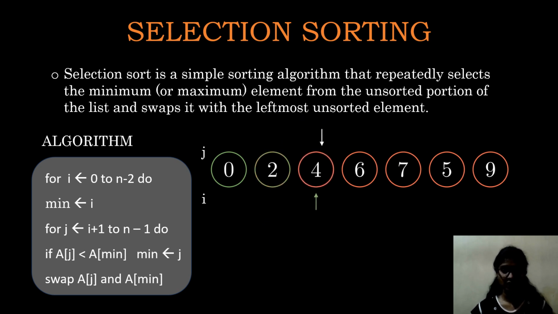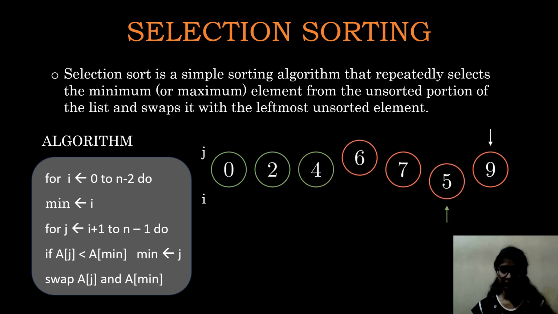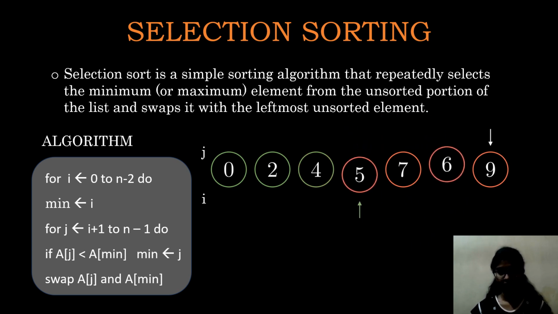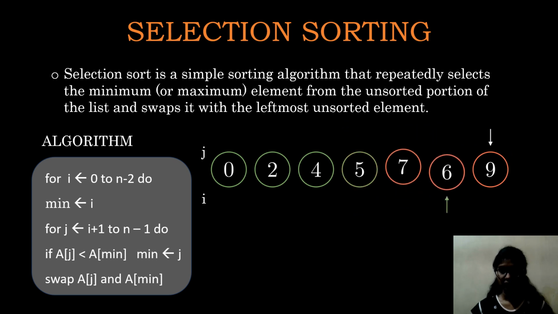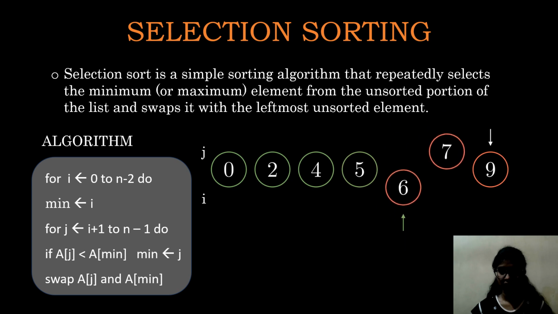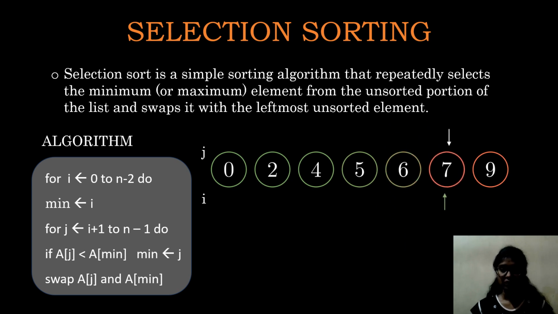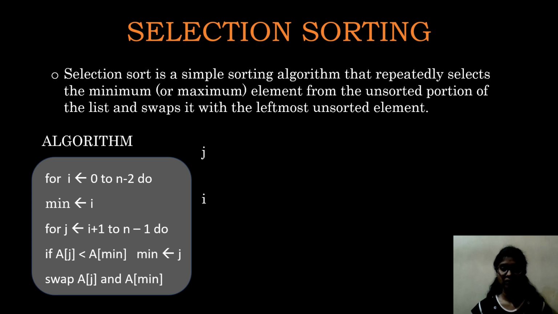This procedure continues until we get the correct ascending order. So now we got the ascending order, that is 0, 2, 4, 5, 6, 6, 7 and 9. This is the ascending order selection sorting example.